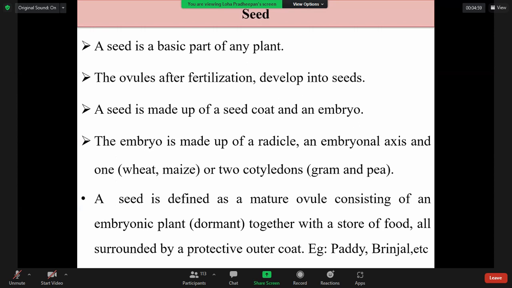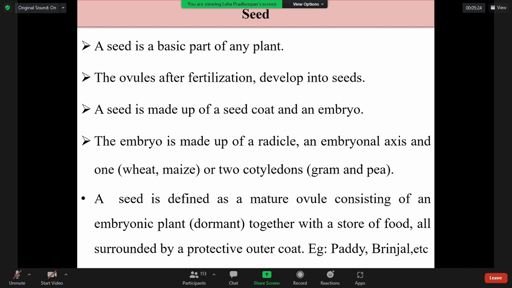It is a mature ovule consisting of an embryonic plant and also stored food, and it is surrounded by the protective outer coat. That is what we call the seed coat.